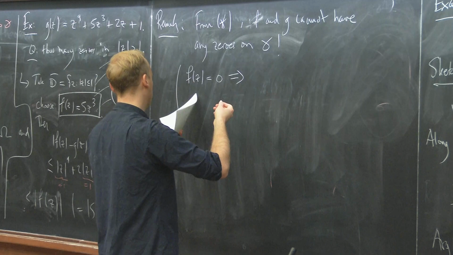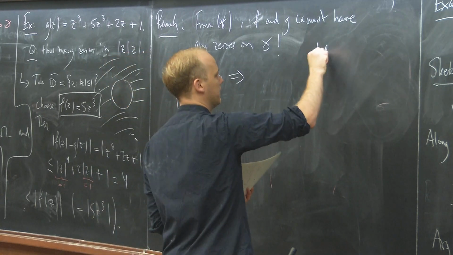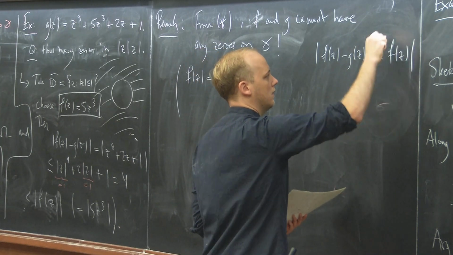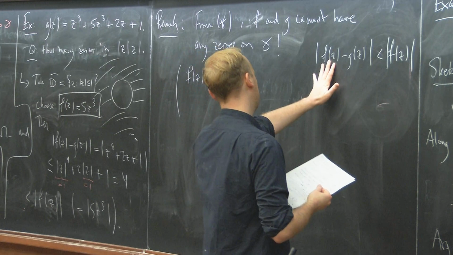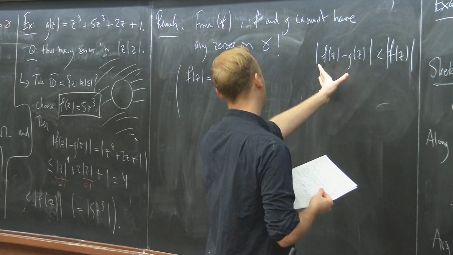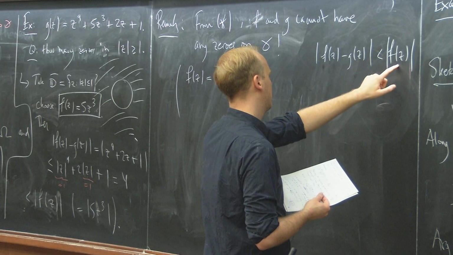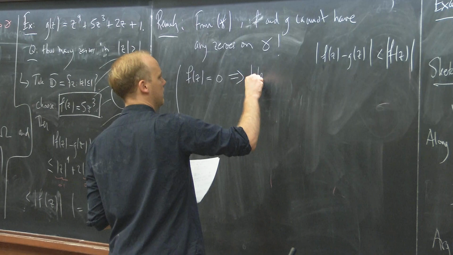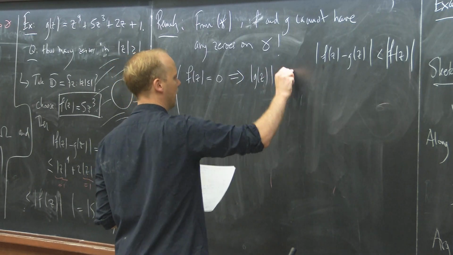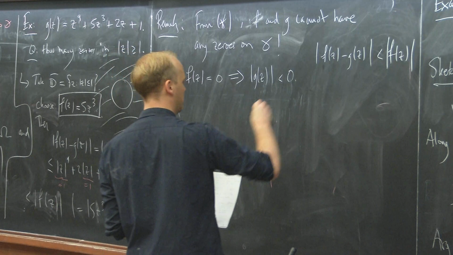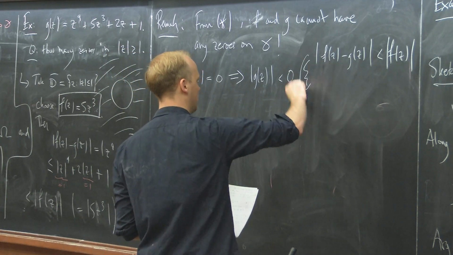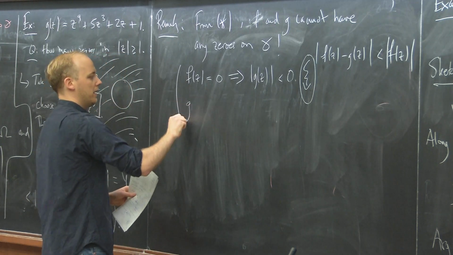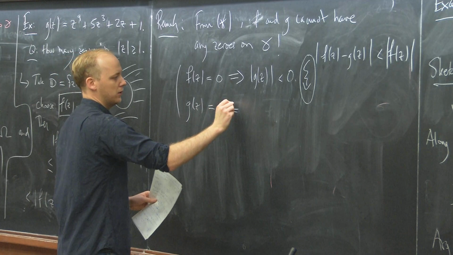So the reason for this is that if f had a 0, then, so let me just write it here, this would be 0. So what's on the left-hand side would be the absolute value of g is strictly less than the absolute value of f, which is then 0. So the condition star would say that the absolute value of g is less than 0, but this is, of course, a contradiction. This little thing here means contradiction. And on the other hand, what would happen if g of z is equal to 0?